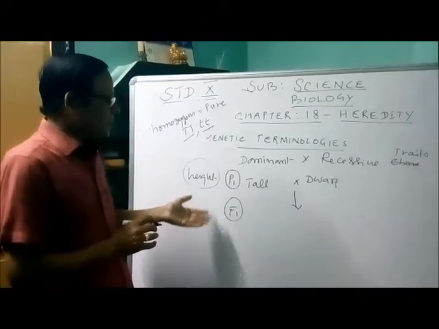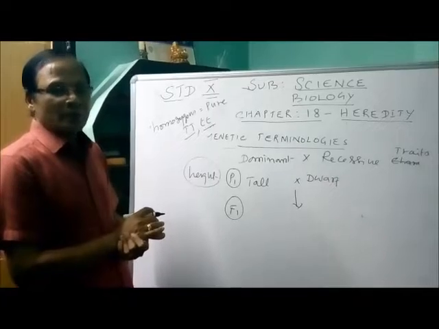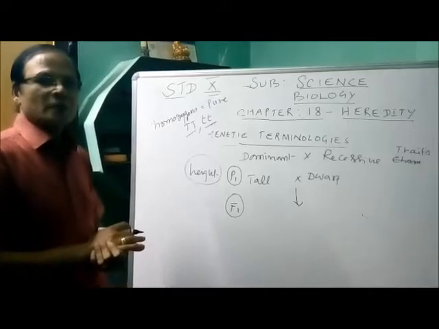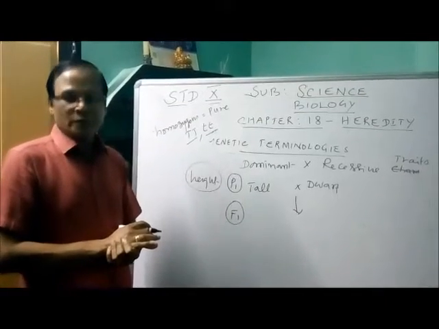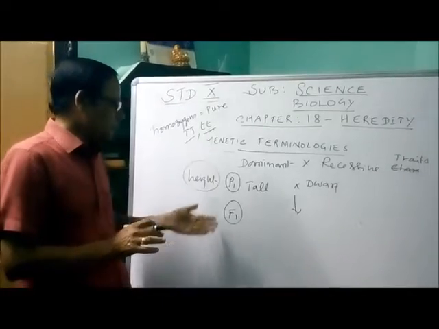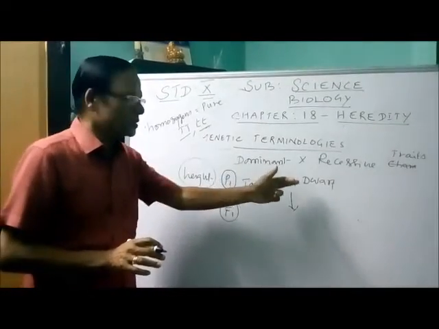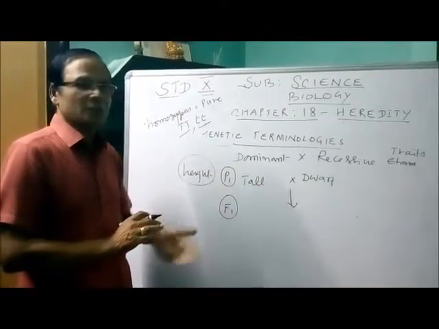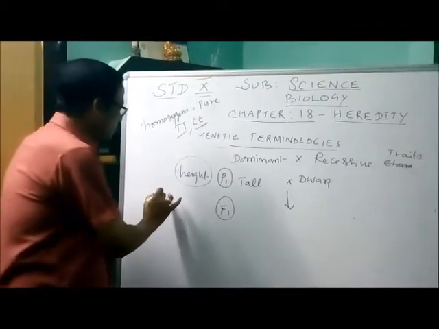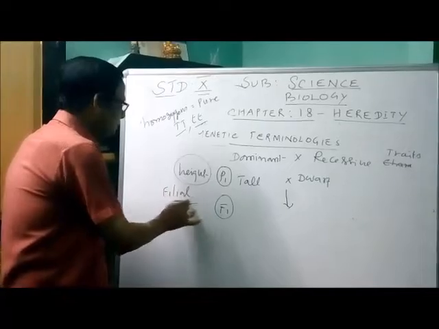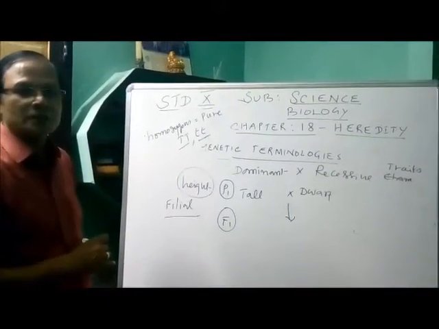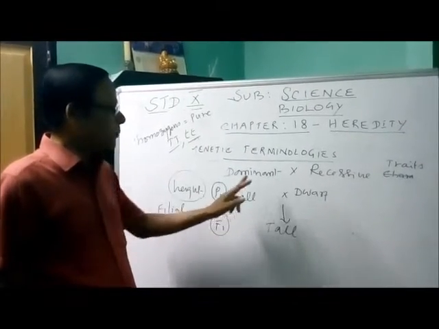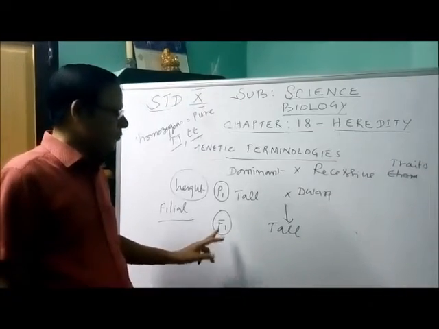The seeds are normally developed by the crossing of two pure breeding varieties, resulting in the first generation. F stands for filial, first filial generation. So the plants which are raised from the seeds of the pure breeding parental cross constitute the F1 generation.